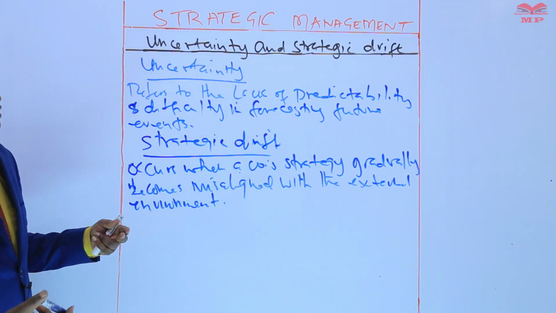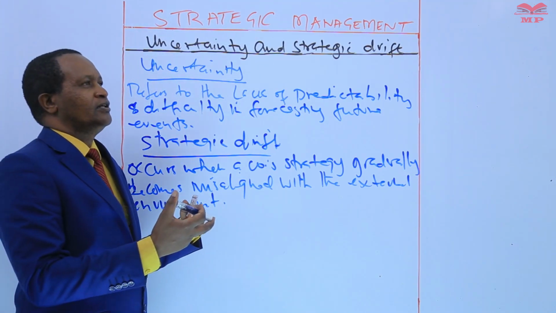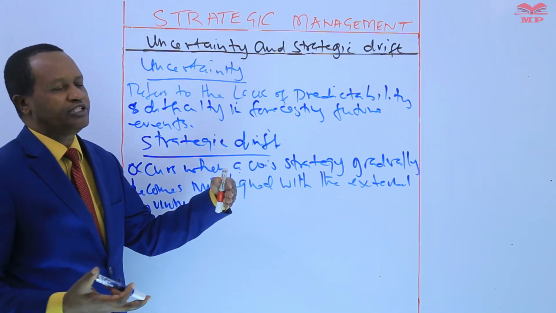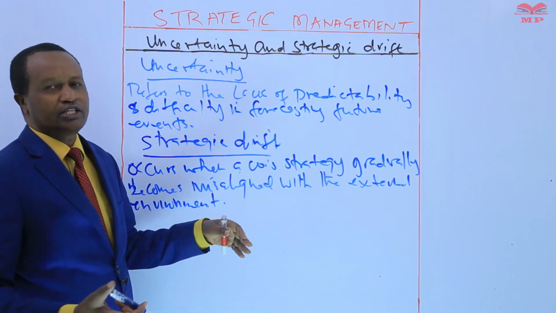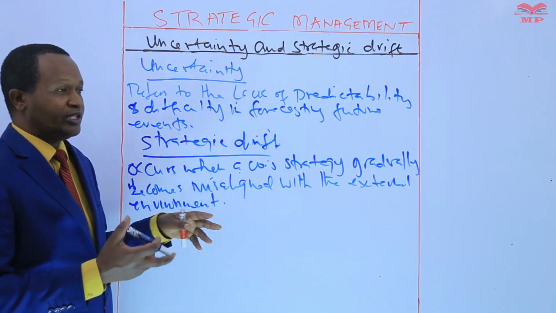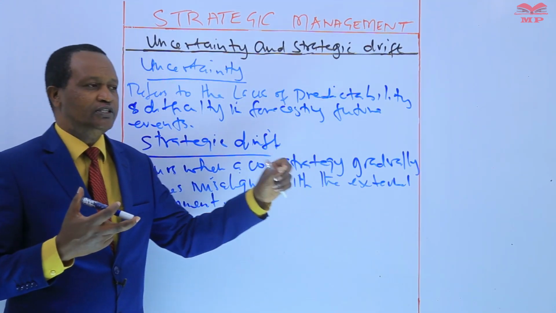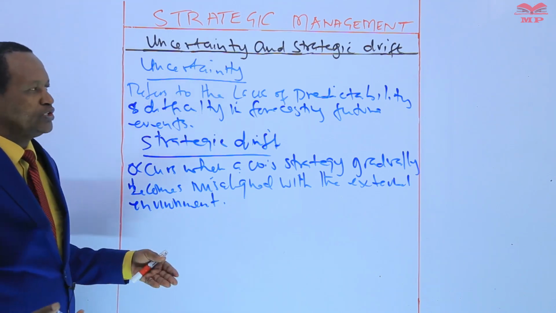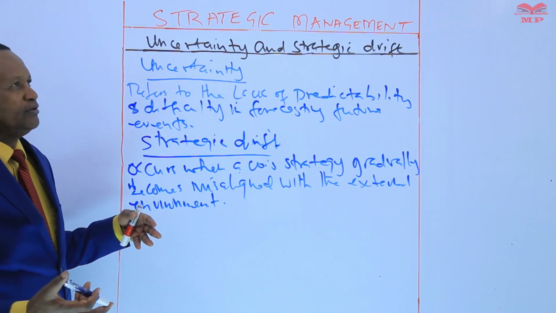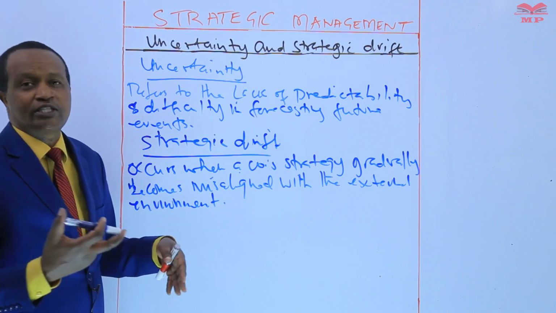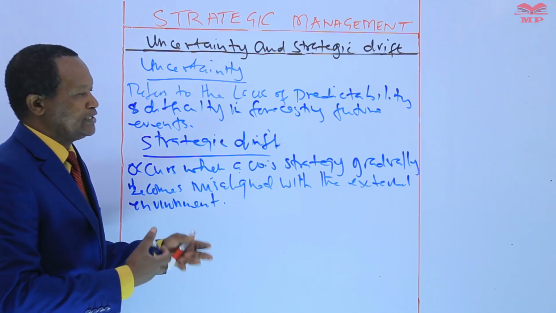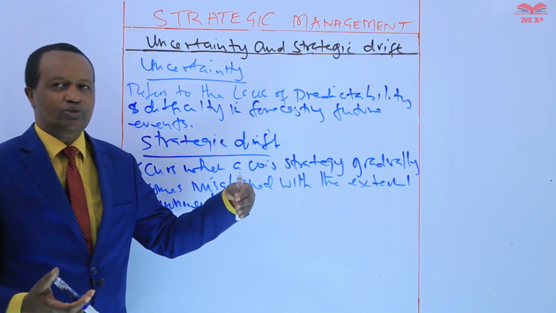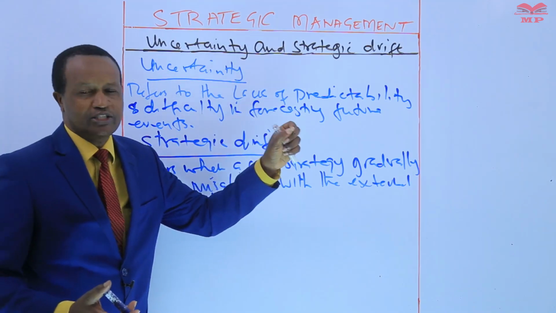We could have changes in customer preferences. The customers may be shifting towards other products or upgrading, but the company may not move along with that shift. We may have changes in technology, where there are new technologies in maybe information technology or the way products are made. Maybe there are new machines in the industry. The company is not catching up with such changes.